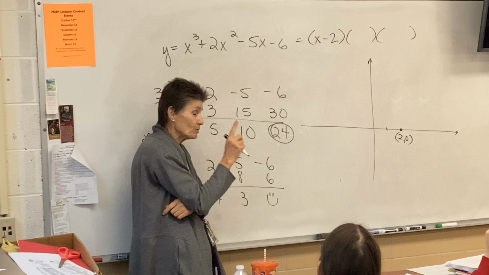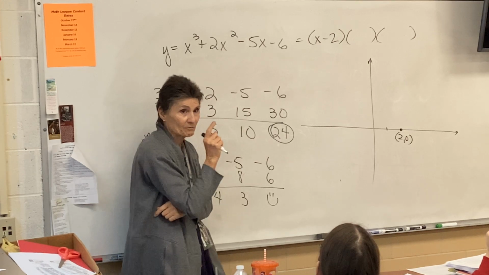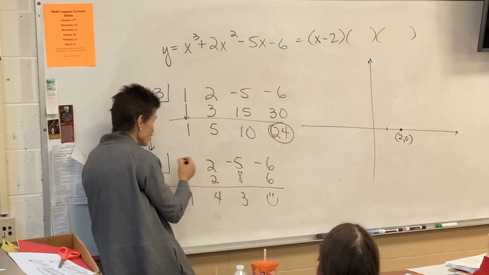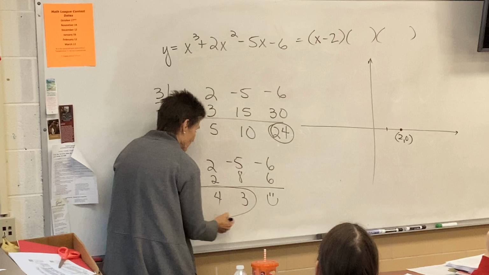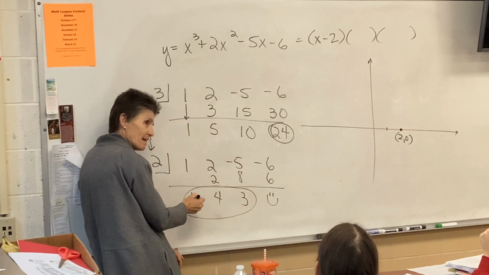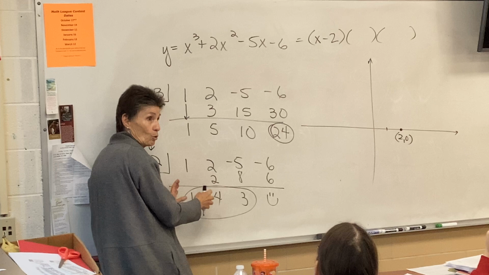Now here's the really good news. You could keep guessing, but you don't have to. Because when you divided, this was the remainder. What does this part stand for? Isn't the first one x squared? It is, Jared. So this is the quotient actually.